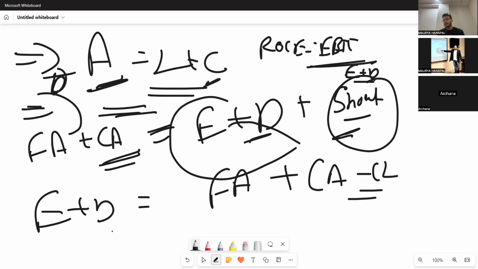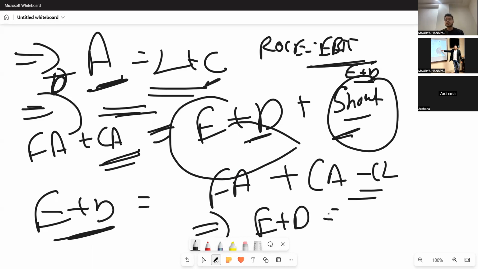So we know that equity plus debt is equal to fixed assets plus current assets minus current liabilities. Further, we can say that your capital employed, which is of course the summation of the equity plus debt, is your FA plus working capital, because CA minus CL is working capital, correct?